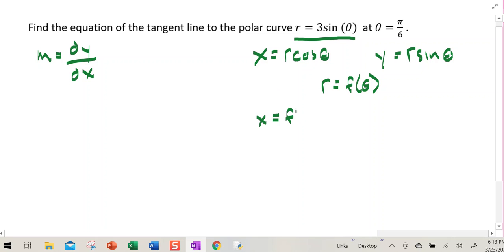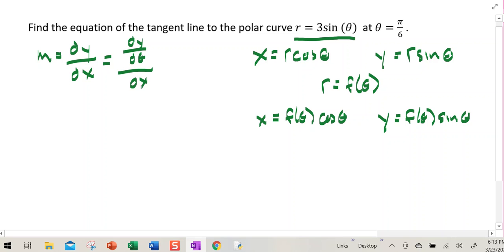We have a function of theta, f of theta, times cosine of theta, and y could be rewritten as f of theta times the sine of theta. Now, dy/dx, if you go back to our study of parametric equations, can be determined by finding dy/d theta and dividing it by dx/d theta.